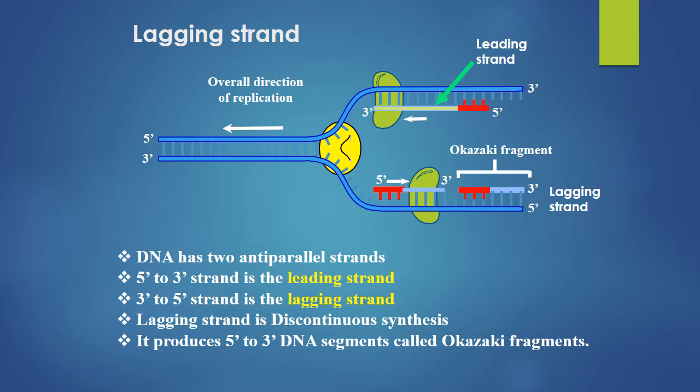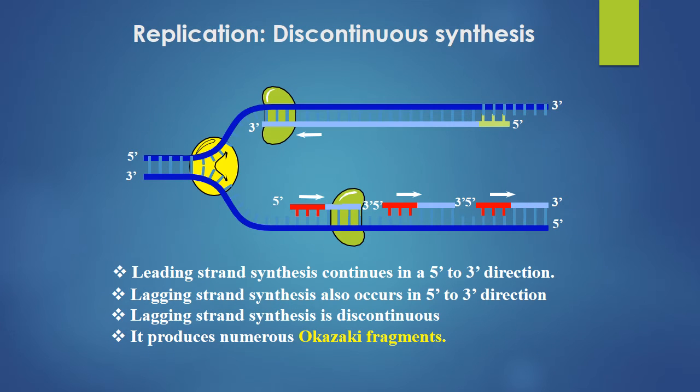So the process will continue and continue, and it will lead to the formation of numerous short fragments, which are called Okazaki fragments, as you can see in this diagram here. Here we have 3 Okazaki fragments that have been formed. And as you can see, the synthesis is in the 5' to 3' direction, but numerous short Okazaki fragments have been formed. That is in the lagging strand.